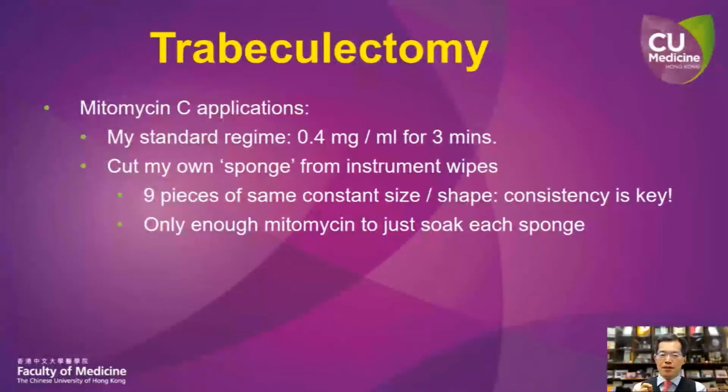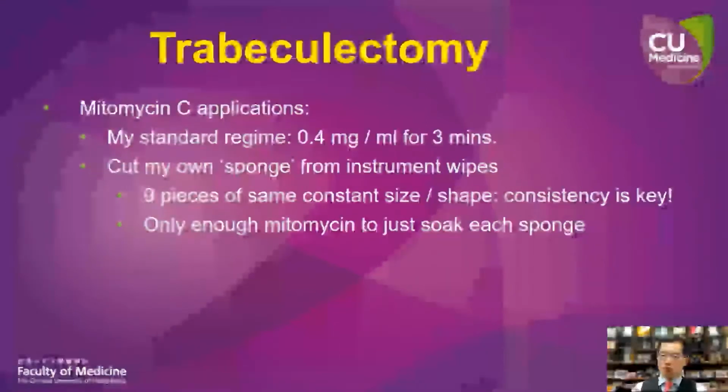My other tip is that sometimes I see surgeons immersing those sponges in a tub of a lot of mitomycin. They're basically inside a pool of mitomycin, and when you take up the sponge, it is dripping with mitomycin. I try not to do that. What I normally do is, with these 9 small pieces of sponge, I only apply 1 to 2 drops of mitomycin over the sponges.